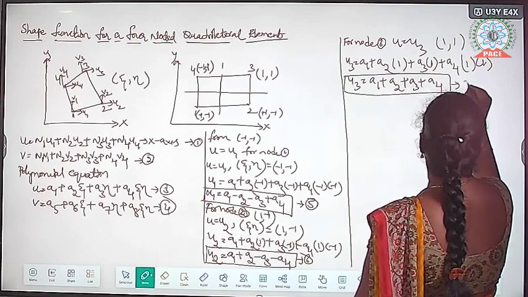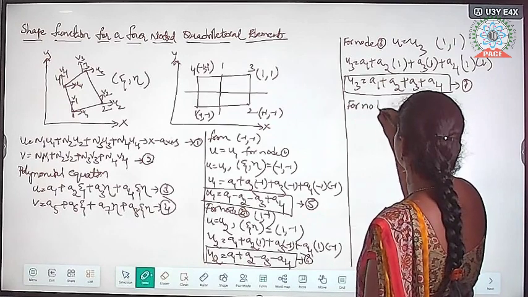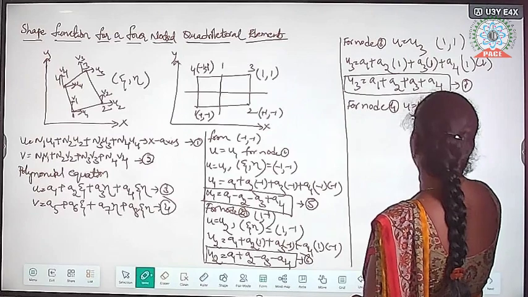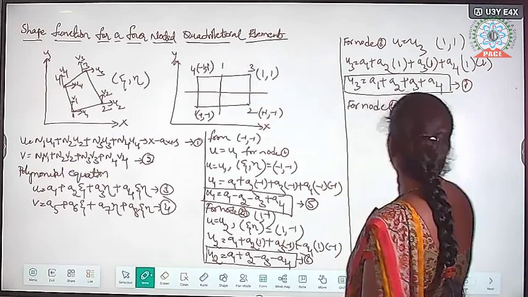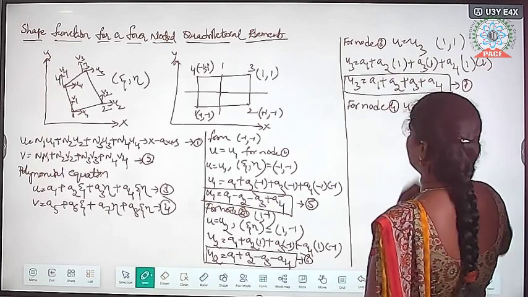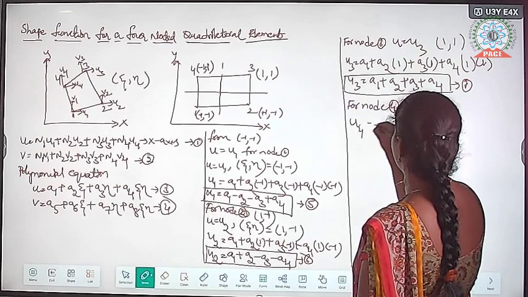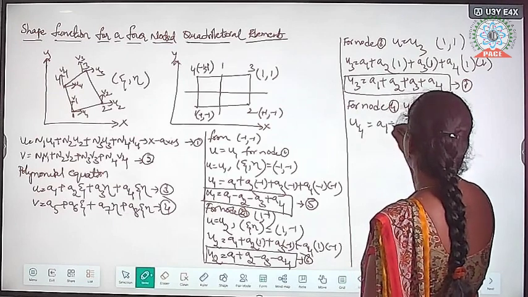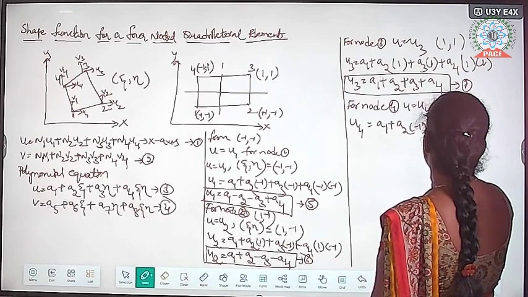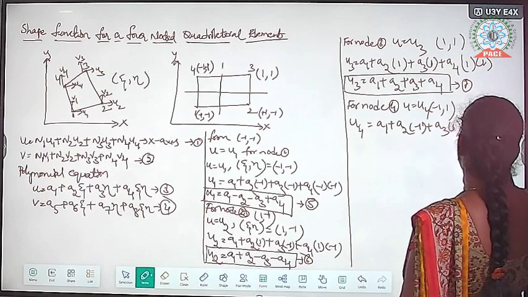Now again for node 4, u is equal to u4. So for u4 the coordinates are -1 comma +1. So u4 is equal to a1 plus a2 into xi, xi means -1, plus a3 into eta means +1, plus a4 into xi eta, -1 into 1.